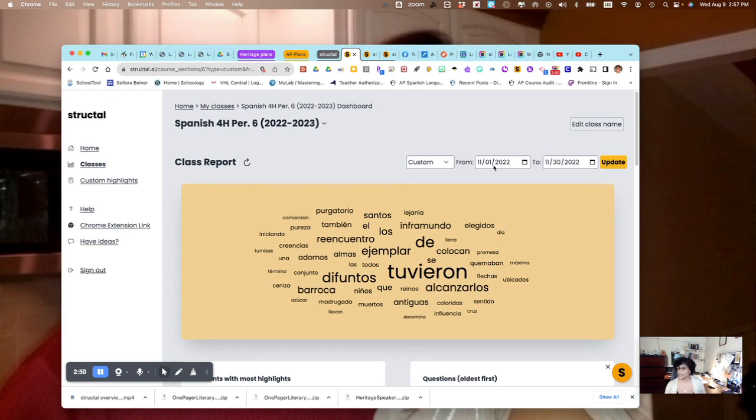So if we look at from November 1st through November 30th, right? This is what we're looking at, what we were working on, and this was obviously about the theme of families and communities, and we were discussing specifically the concept of death in different communities, and with a focus on El Día de los Muertos in Mexico.